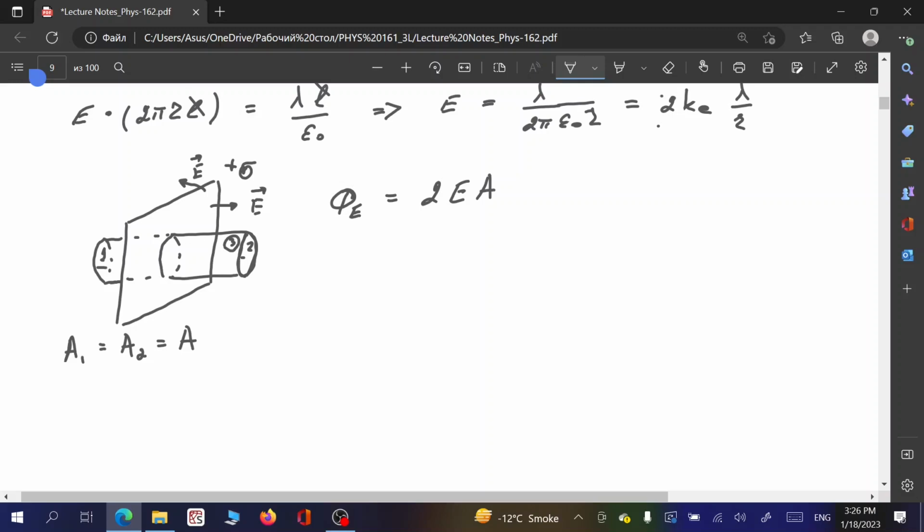We also know, according to Gauss law, that this flux should be equal to the internal charge divided by epsilon naught. So what will be the internal charge in this case?